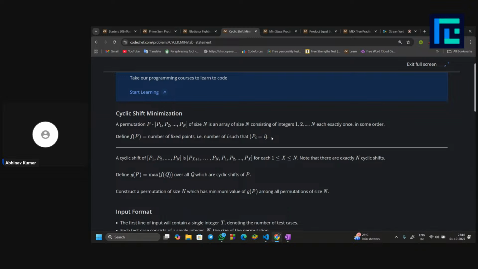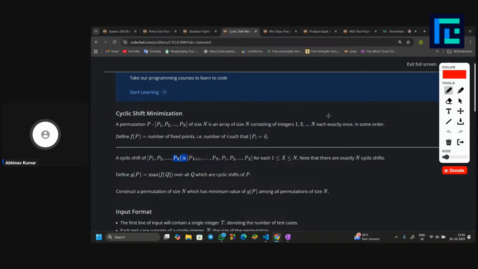Now, a cyclic shift of a permutation: if you shift it cyclically x times, then you start with p(x+1), go up till pn, and then p1 to px. So if you have the numbers p1 to pn and cyclically shift x times, you take everything from the (x+1)th index to the end, and then p1 up till px.